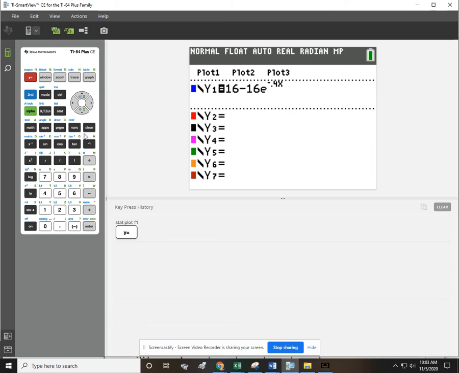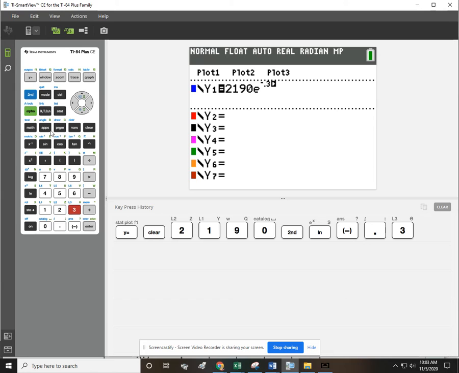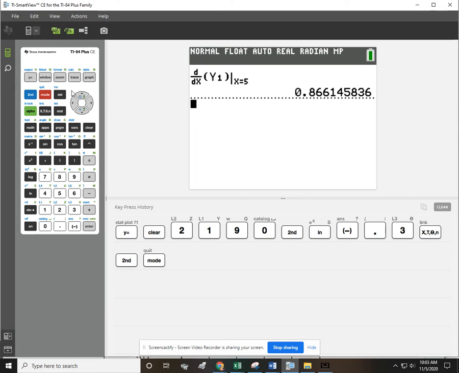Okay, so let's go to y equals, and then we are going to type it in. And then I could retype this, but I'm just going to pull it up because I'm trying to get this done.